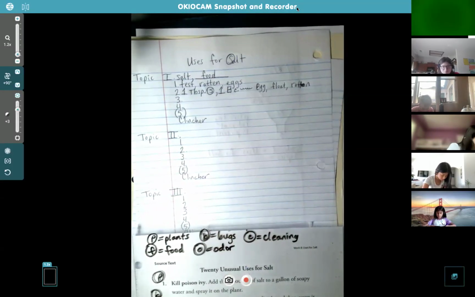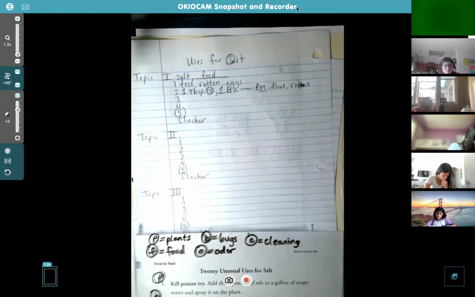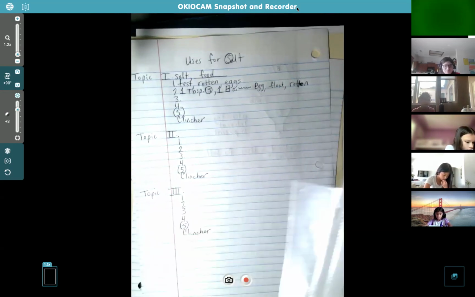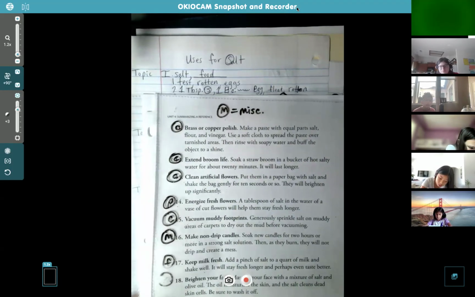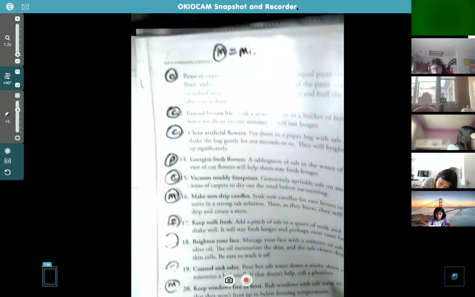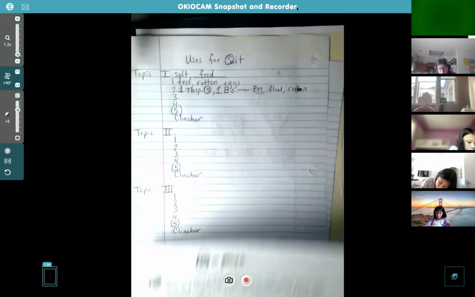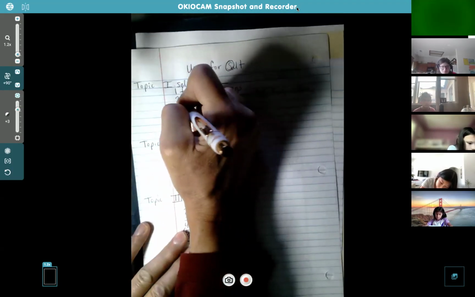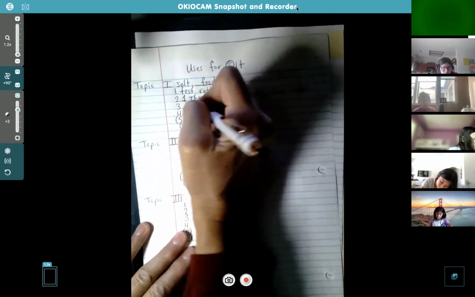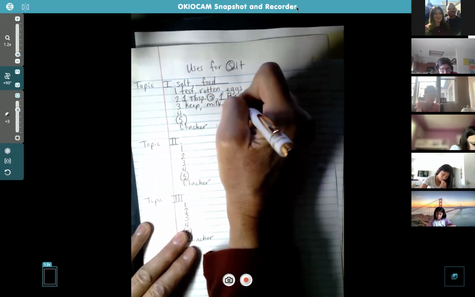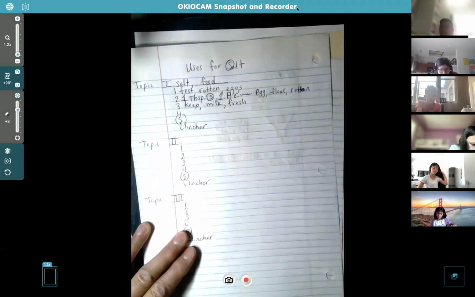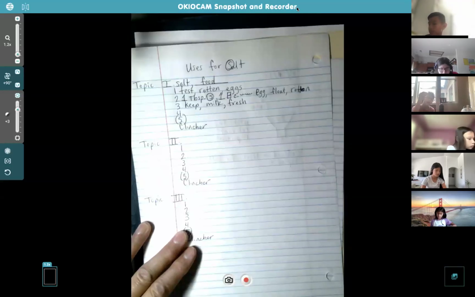And then if you're writing about food in your first paragraph, the other one that talked about food was on the back. It is number 17 about keep milk fresh. So we can do that for number 3. Keep milk fresh. And then it tells us how.